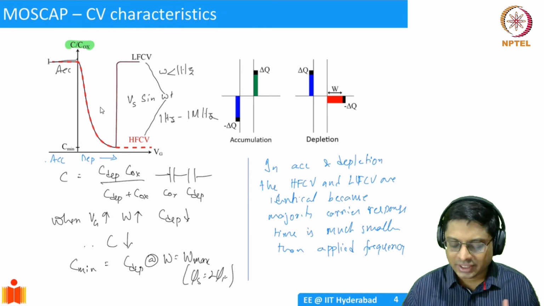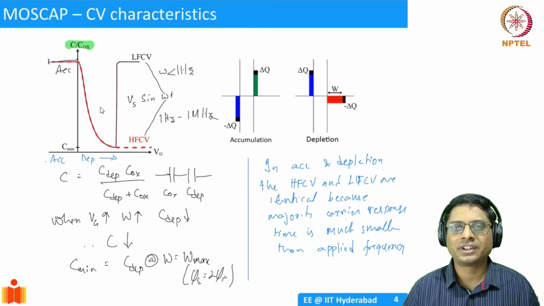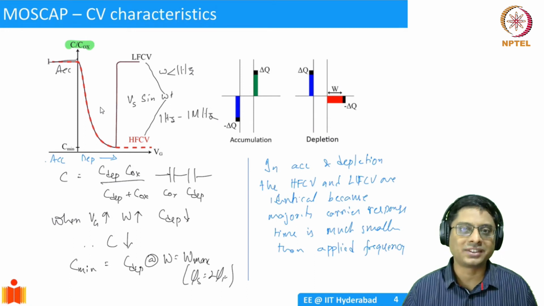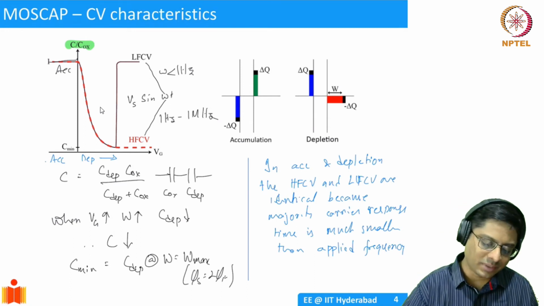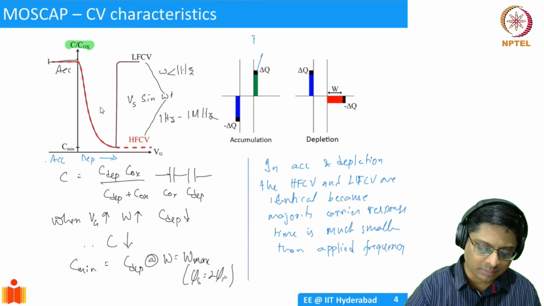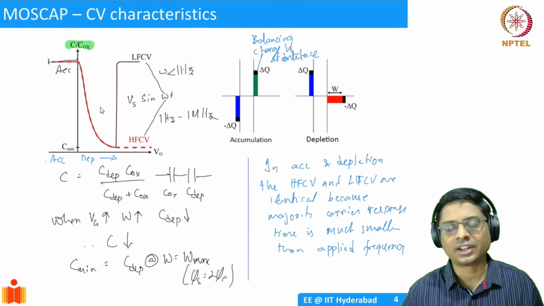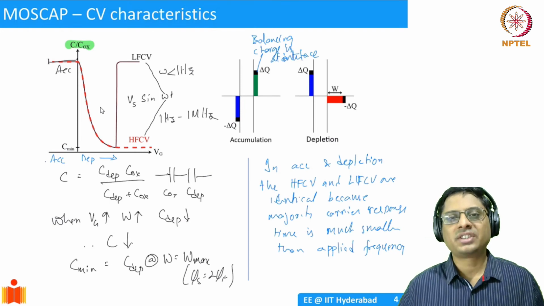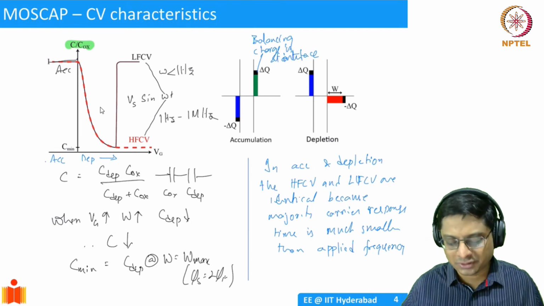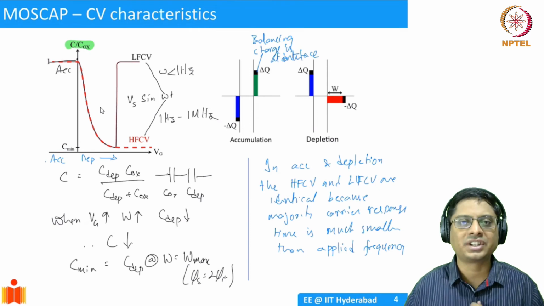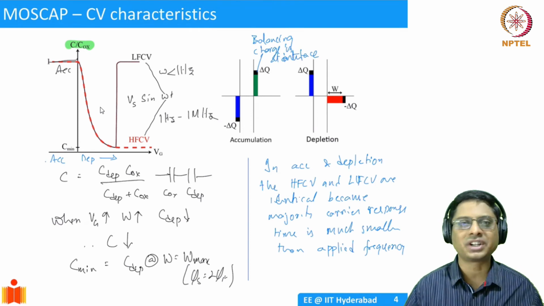It is nearly identical, but one important difference exists. That is where the balancing charge happens. In accumulation, the balancing charge is at the silicon dioxide interface. Whereas in depletion, inversion has not yet happened. Inversion requires a certain surface potential, right? We have not yet reached that.